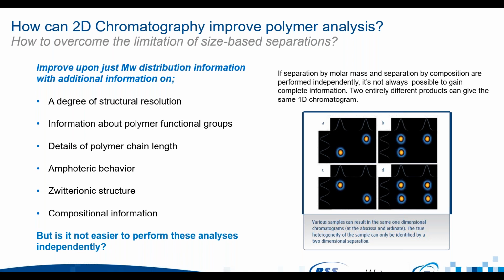Well, the short answer, unfortunately, is no. If separation by molar mass or molecular weight and separation by composition are performed independently, it's not always possible to gain complete information, and two entirely different products can give the same one-dimensional chromatogram, and then we only spot the heterogeneity when we run a 2D separation. And we look at things like a contour plot, which is shown on the right, which I won't go into because the others will talk more about that shortly.